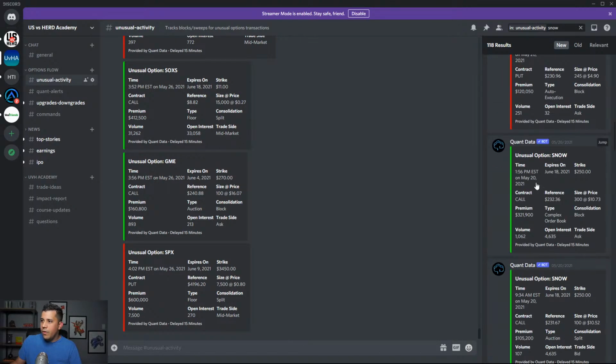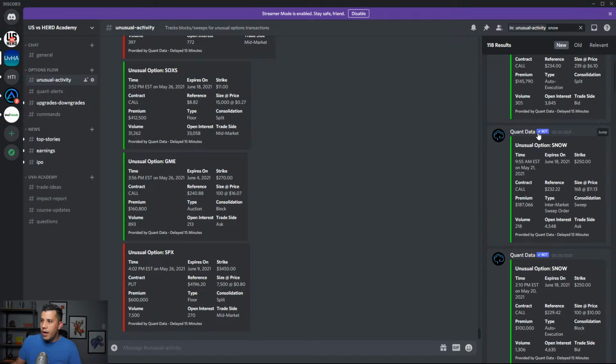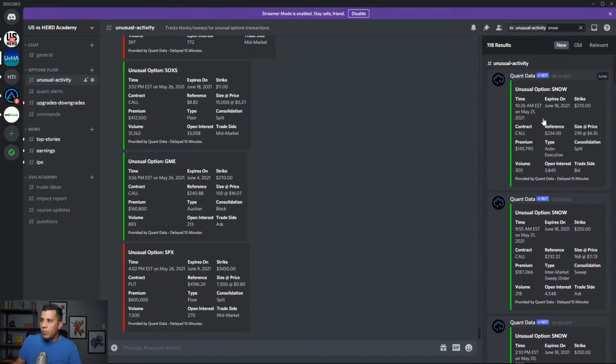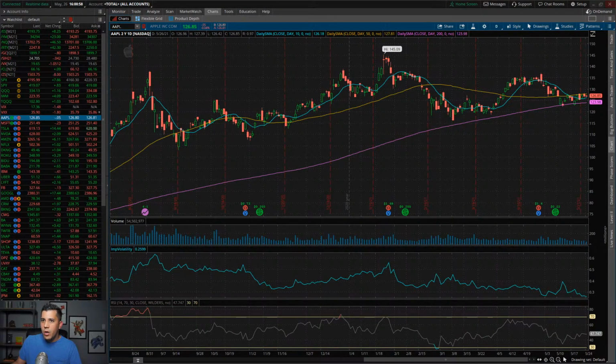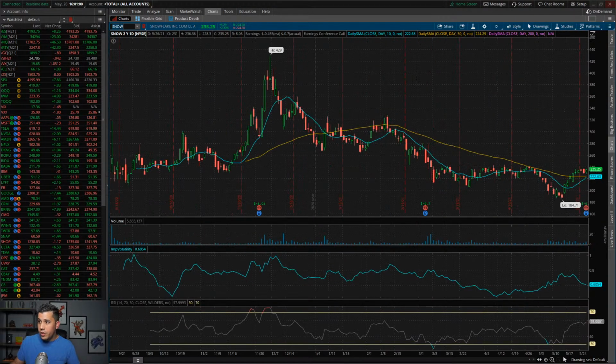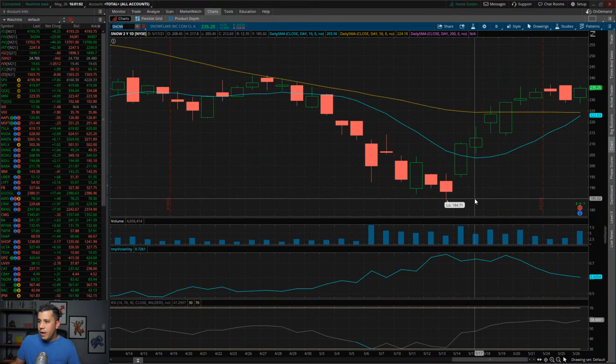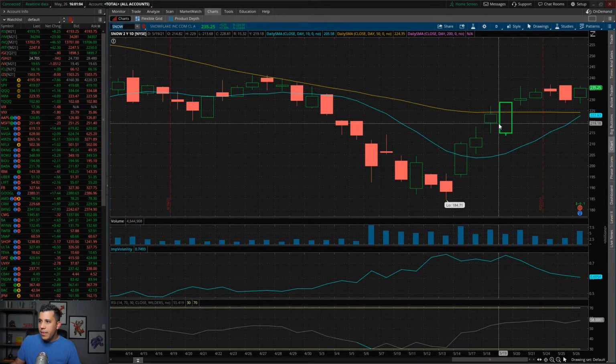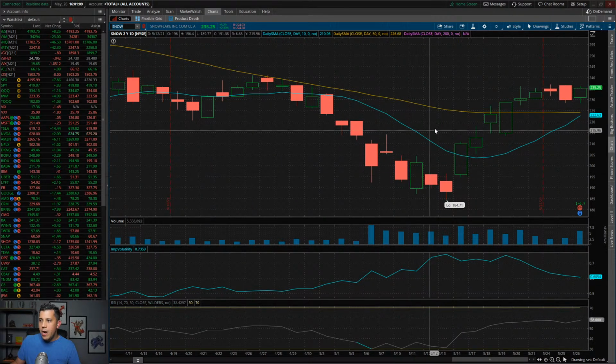Huge orders. What was happening with SNOW at that time? During the 20th, 21st, it cratered down, but then we had pre-earnings, and when it cratered there was a bunch of upgrades for that stock. That is what you could use it for.